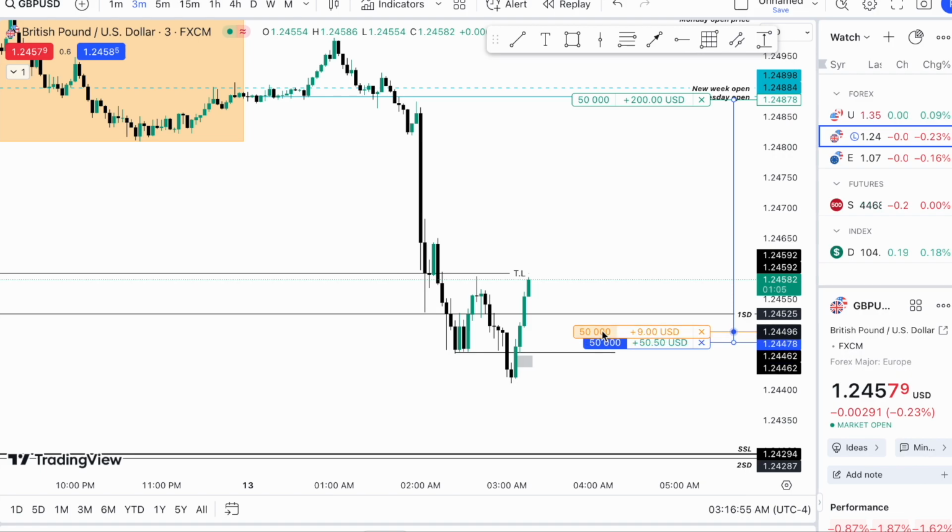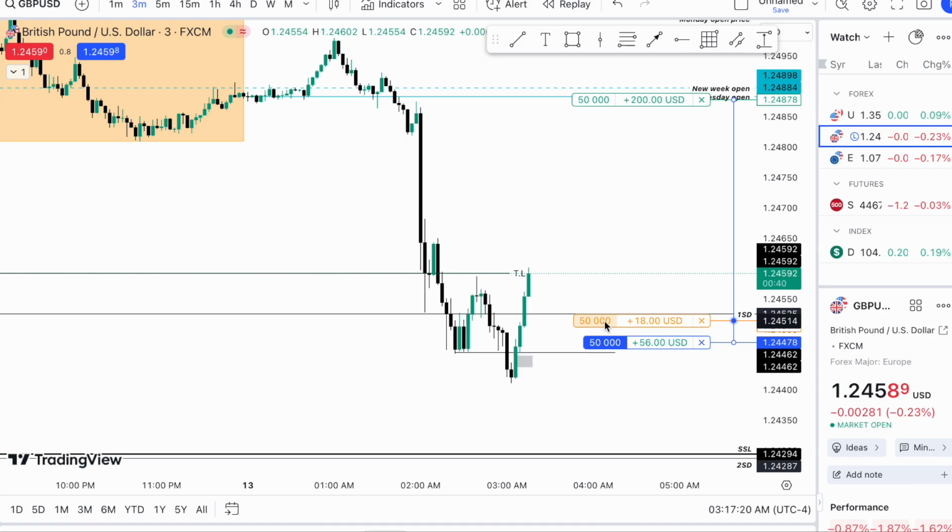So we don't have any, actually I'll move it to break even, so you don't have any risk on. Actually, I don't think TradingView introduced a trailing stop loss as yet on their website.